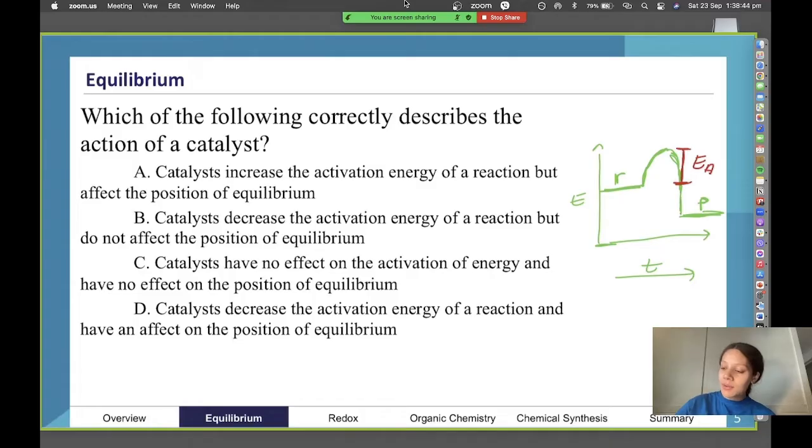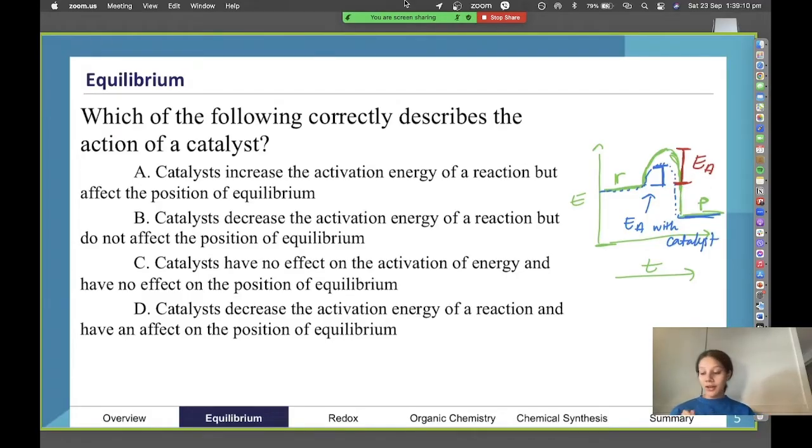So if we want to sketch over the top of that, with a catalyst it might look something like that, where now our activation energy is much, much smaller with catalyst. Okay, that's my little sketch there. So that's what a catalyst does.